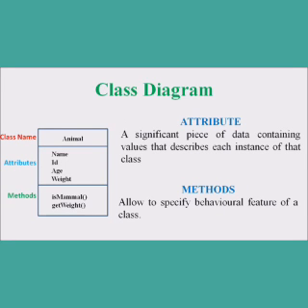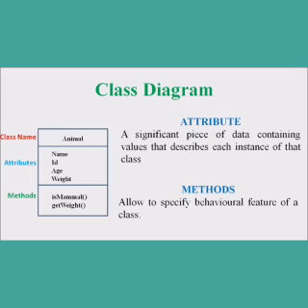So for example, let us consider a class called animal. Animal is the class name, thus the name animal is represented in the topmost region. The second compartment comprises the different attributes. These attributes are significant pieces of data containing the values that describe each instance of that particular class.